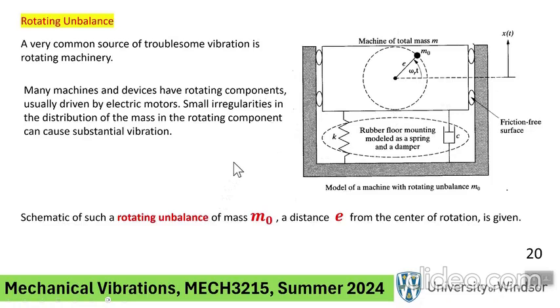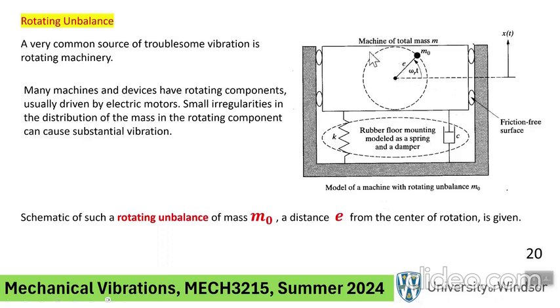Now, let me assume that the mass of the rotating component is m naught, and let's pretend that the mass center of this rotating component is a distance e from the center of rotation. So here it's shown as a mass m naught, which is a distance e away from the center of rotation.